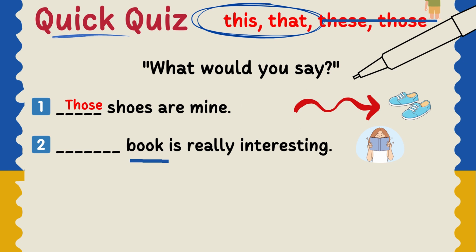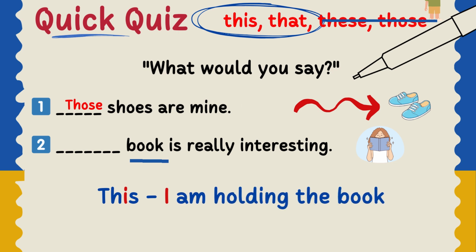If we have a look at the picture, the lady is holding a book. So the book is close to her. Do you remember which one to use for close to? Looking at this, we see the I am holding the book. So the answer is going to be this. This is used for close to you. So this book is really interesting.